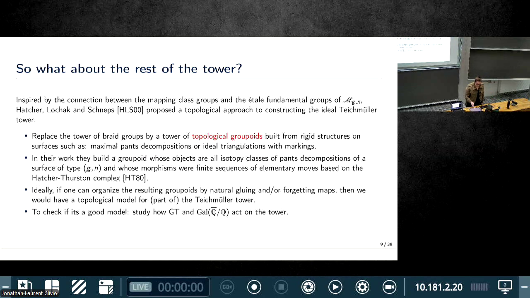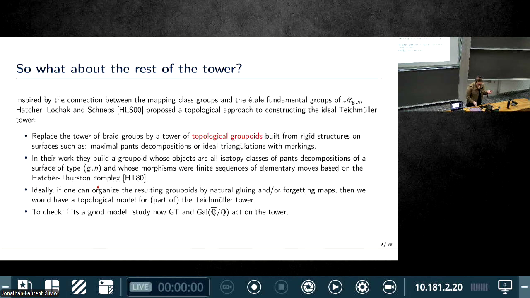But there are a lot of variations of these types of topological groupoids in the literature, where you maybe take ideal triangulations or markings or things like that. In the Hatcher-Lochak-Schneps work, they build a groupoid whose objects are all isotopy classes of pants decompositions of a fixed surface of type g,n. And their morphisms are finite sequences of elementary moves, and I'll show you some pictures of that as we go.